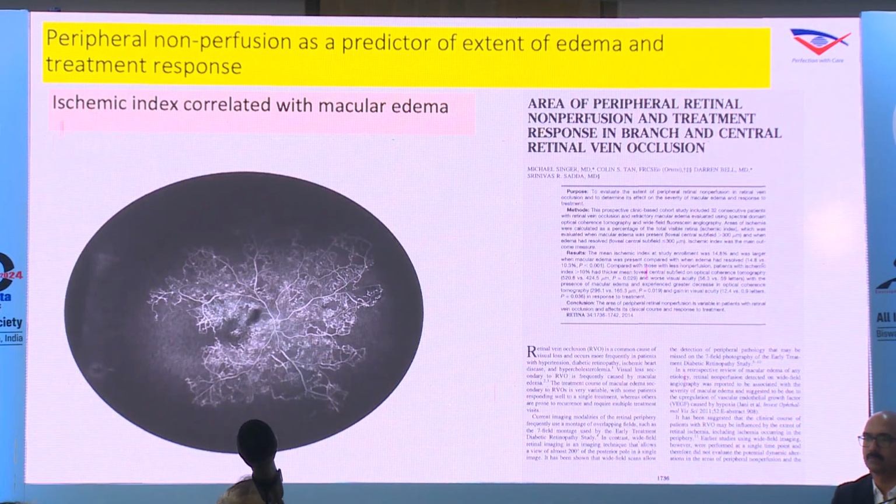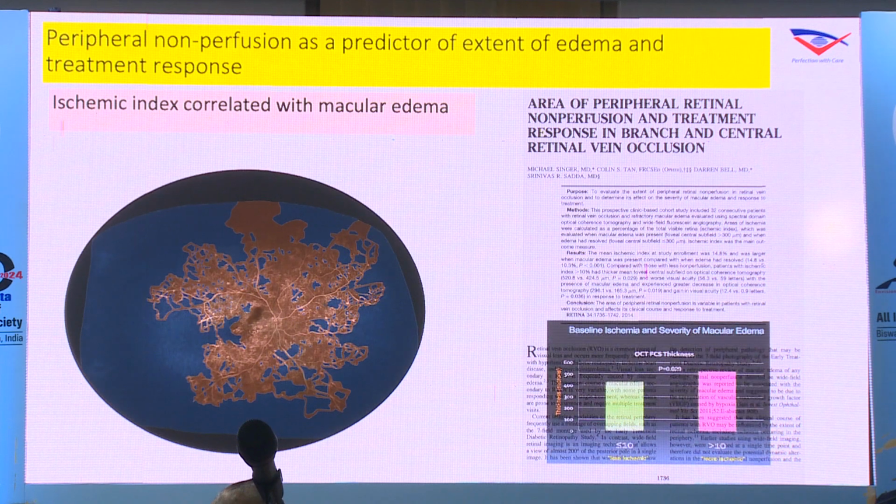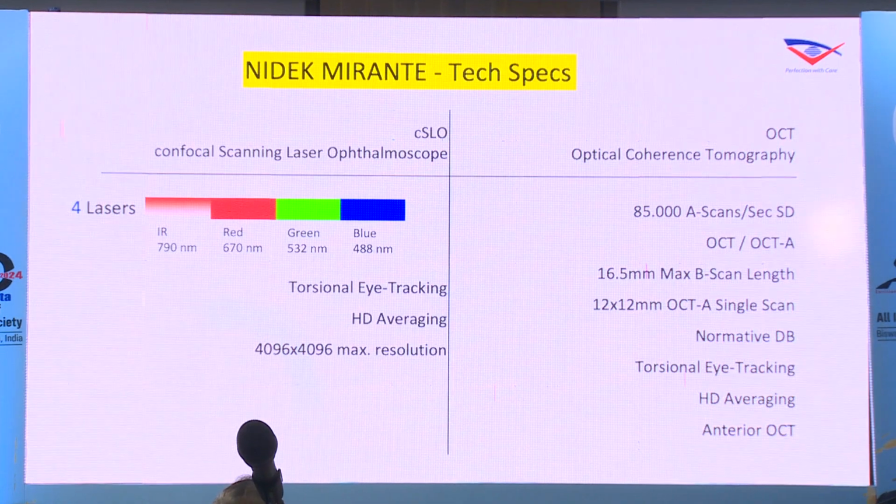Similarly, the peripheral non-perfusion areas, especially in cases of Behçet's disease, the pruning of the peripheral vessels, are all picked up on wide field imaging. So this is what Mirante looks like.